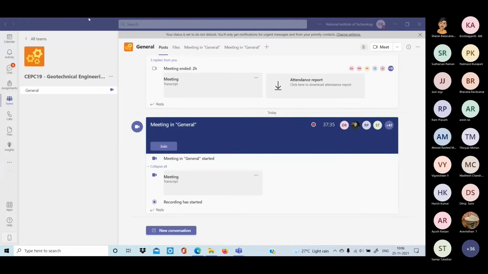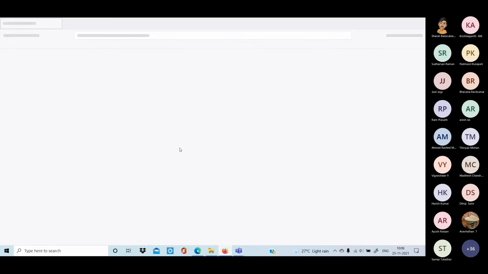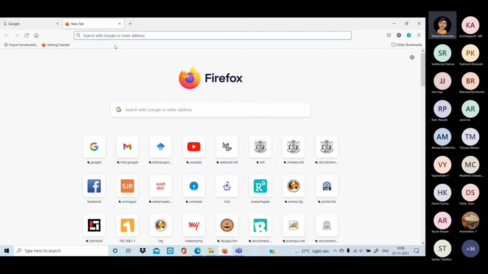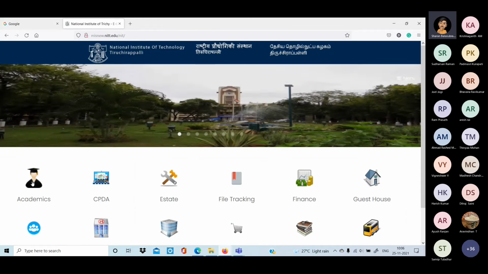What about Hemant Chaudhary, is he there in the class? Sharan? I think he's not here, sir. You ask him. He's in the class, but his name was not there.